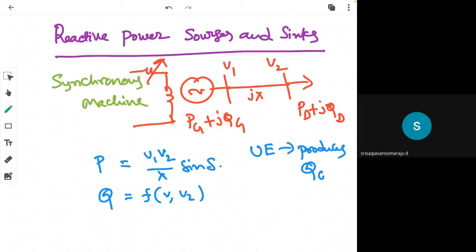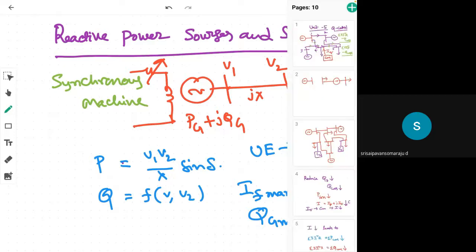In the capability curve, field current will have its maximum limitation, beyond which you cannot generate. So it has a limitation, Qg maximum. Already you studied this in optimal operation. Qg maximum is the limitation for the generator.